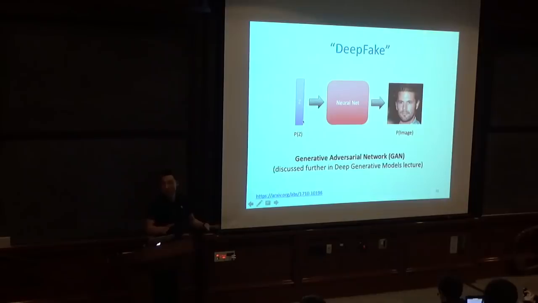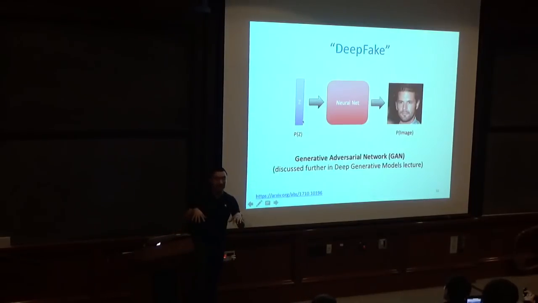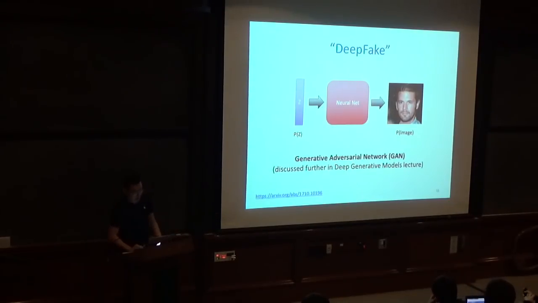Both interpretations are valid, but I'm going to make a different interpretation, which is that I have a prior probability. So if I were to draw this as a graphical model, first I sample the Z's, and then I have a mapping from Z space to image space, and that mapping is a neural net.